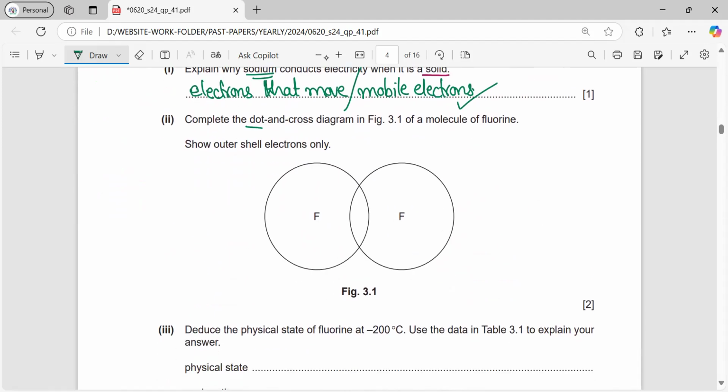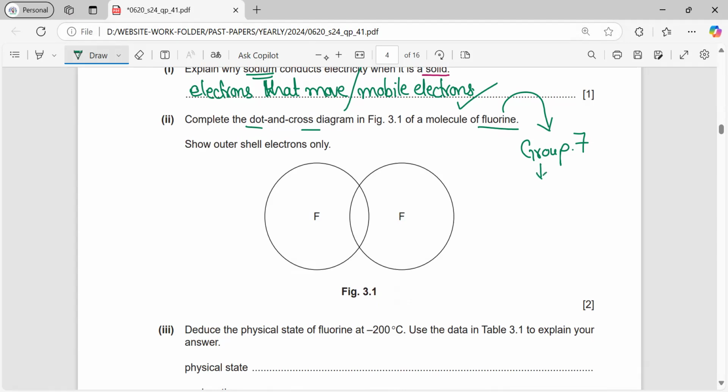Complete the dot and cross diagram for the molecule of fluorine. Show outer shell electrons only. Now, whenever you have to draw the diagram of the outer shell electrons only, you can simply see in which group the element is present. Fluorine is present in group number 7.